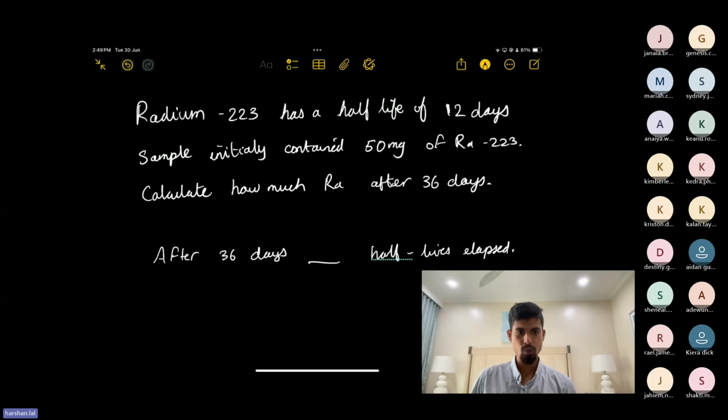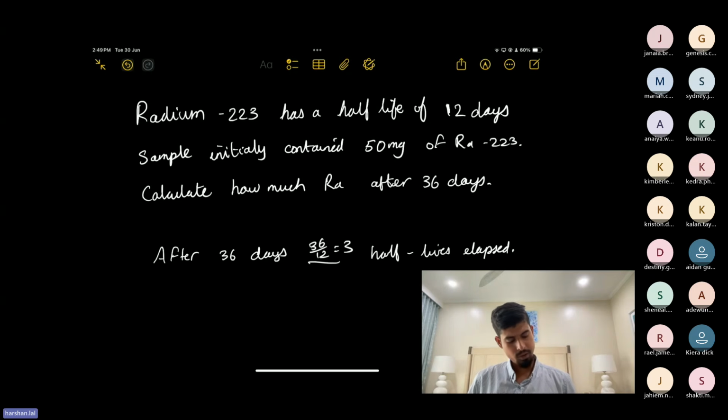Right, so what am I writing in the blank here? It would be 36 divided by 12, so 3. Right. So 3 half-lives elapsed, right?